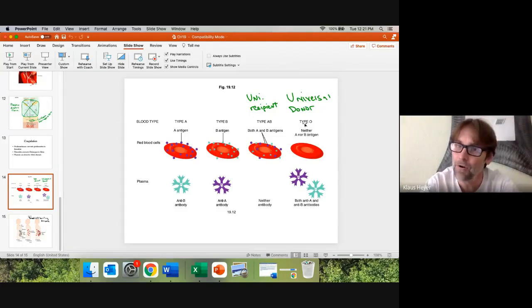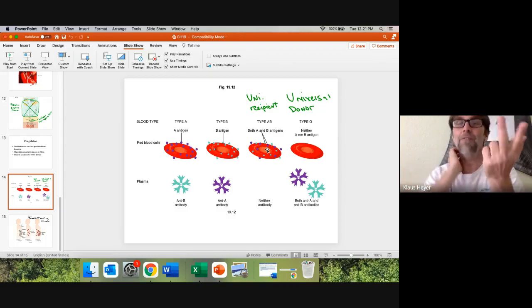So if you look at type O negative, it has no proteins on it. No antigens. There's no A, there's no B, and there's no RH. So that's the real universal donor. There's nothing on it. Whoever you give blood to, if you're O negative, is fine. The worst one as far as donating blood would be AB positive, because they have everything on it.